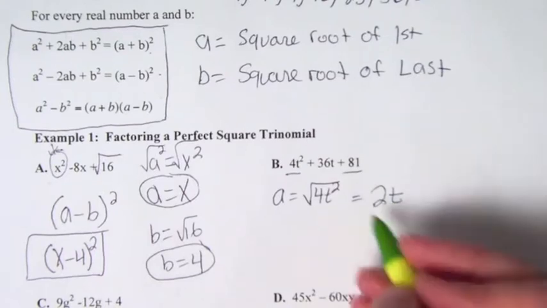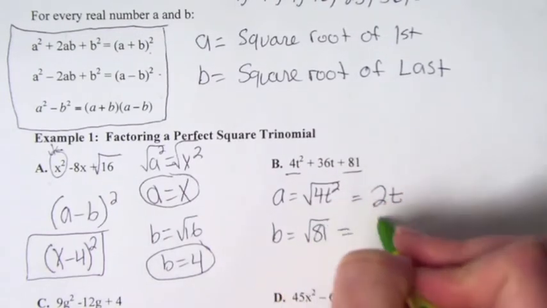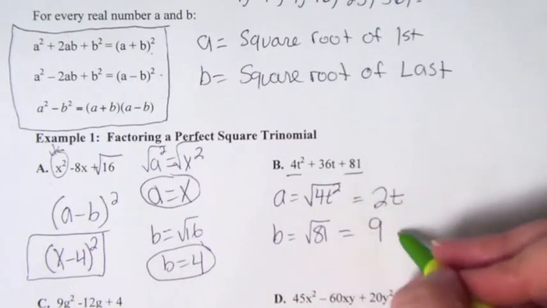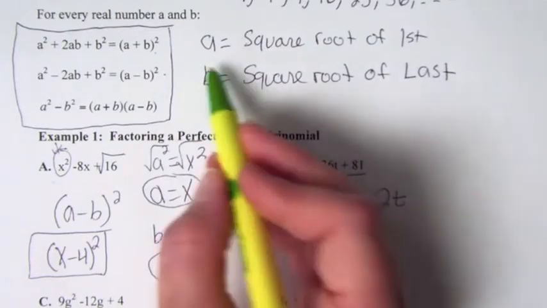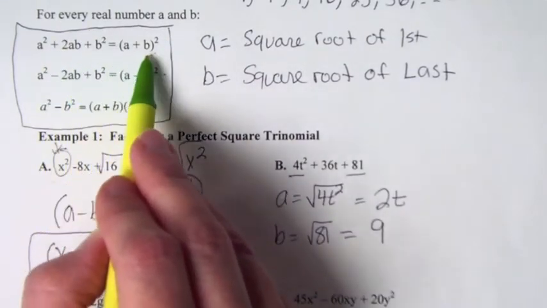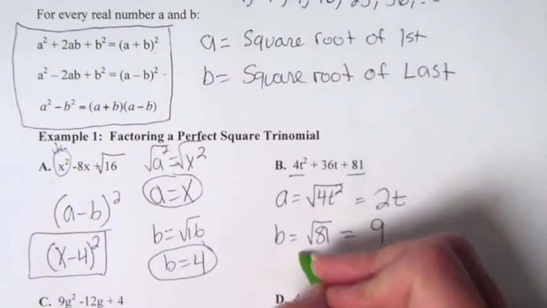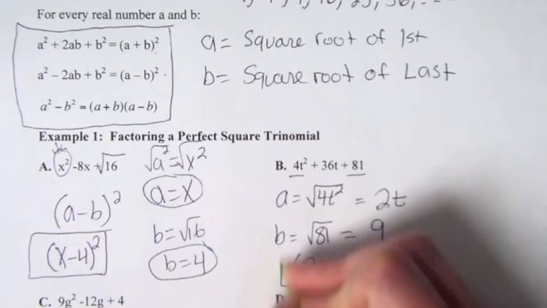So a is 2t. B, we take the square root of the last term, which is 81, which is 9. So we have our a and our b. We also need to look, it's a trinomial where both of these are positive, so we're going to use this top formula where they're both positive up here. So it's going to be a plus b squared. So our answer for this then is 2t plus 9 squared.